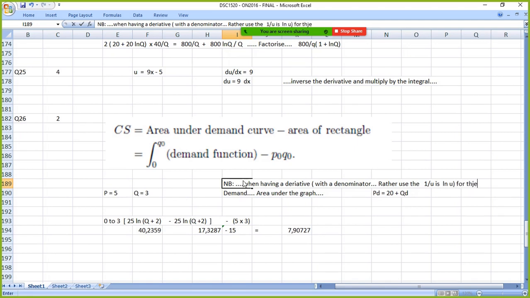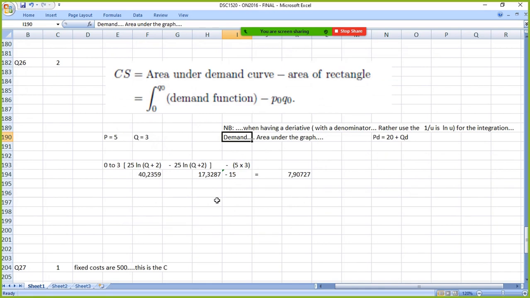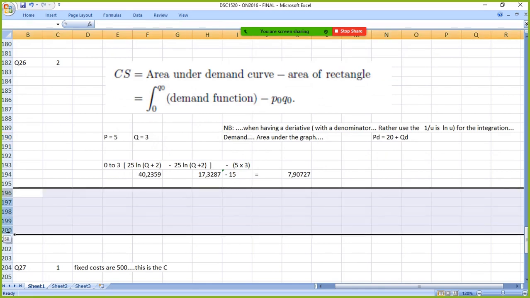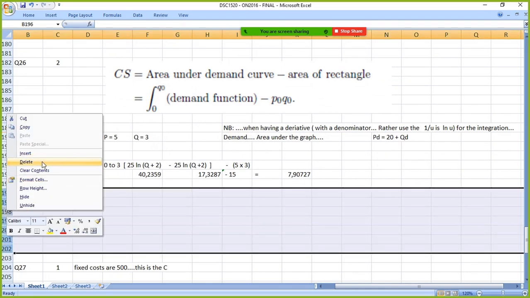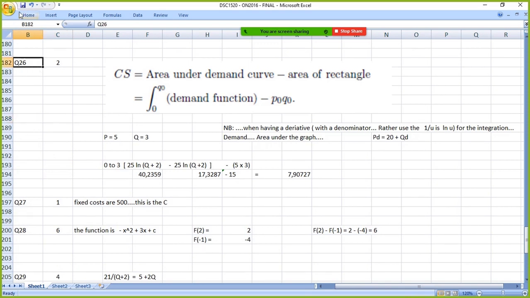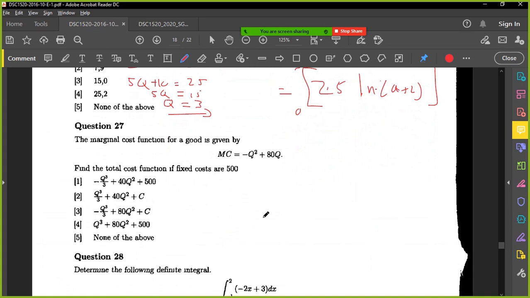Okay, for the integration. Okay, yeah, it does help to go through these things again. So I'm just noting a few things. All right, so that one I've corrected. I'll send you the updated file. Let me save that. Okay, and then let's just check the last few just in terms of approach.